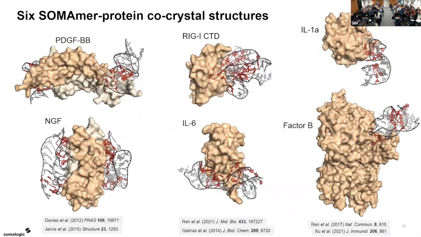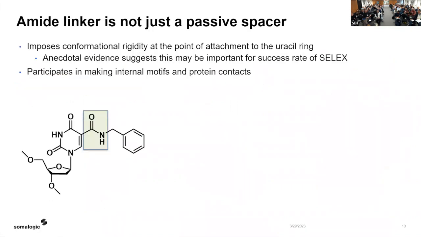I'm now going to tell you a little bit about the 6 co-crystal structures of these modified aptamers, or slow off-rate modified aptamers, SOMAmers as we call them, that we have solved to date and draw some conclusions from what we have done. But I'm going to begin with the linker itself.